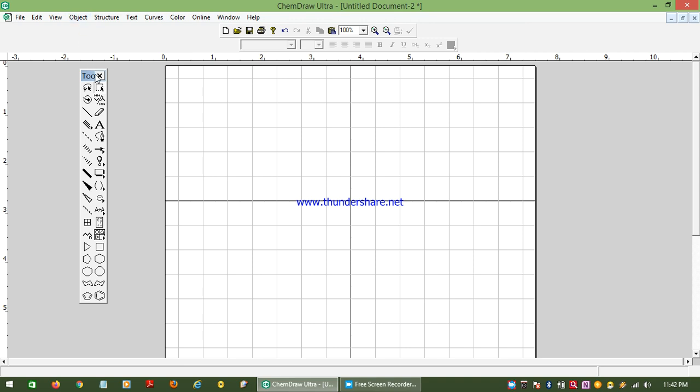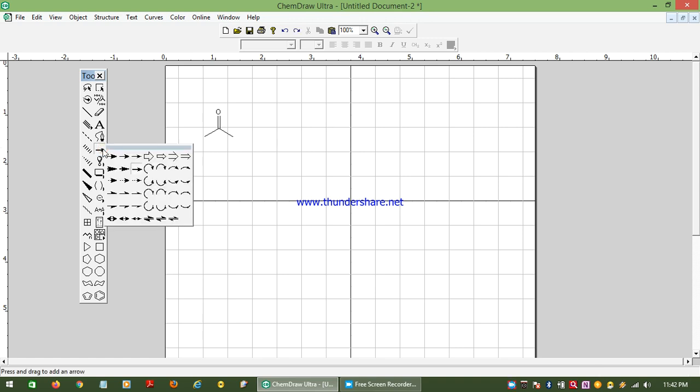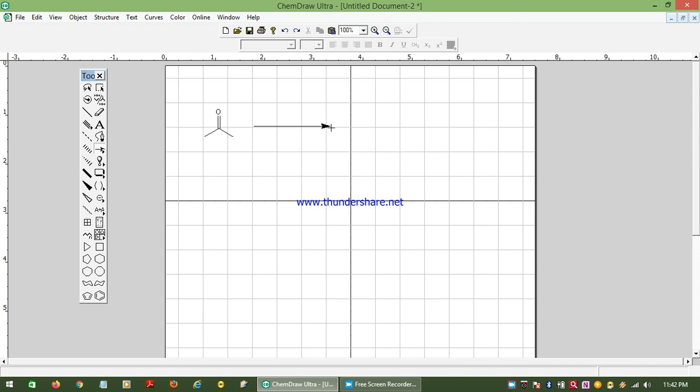Another thing, we can have drawing of any reaction. Just again try to write the acetone. This is your acetone molecule. You have to convert this acetone into a product, so this is the reaction arrow, you have to take the reliable one, so this one.